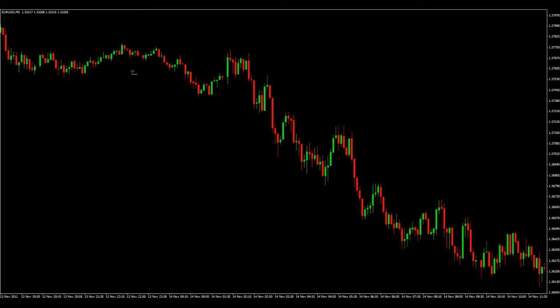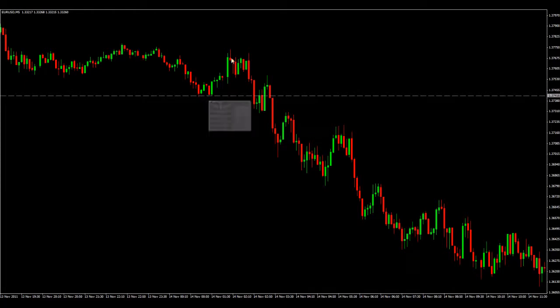The one thing that I'm looking for with the levels is what's sticking out in the market. What's a clear support and resistance level? The first thing that I see on this chart is this level right here. The reason that I'm picking this level as a support level is we've seen price come down and immediately bounce back up off that level, as you can see.